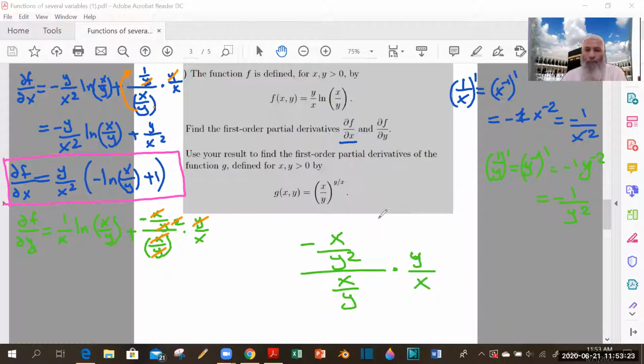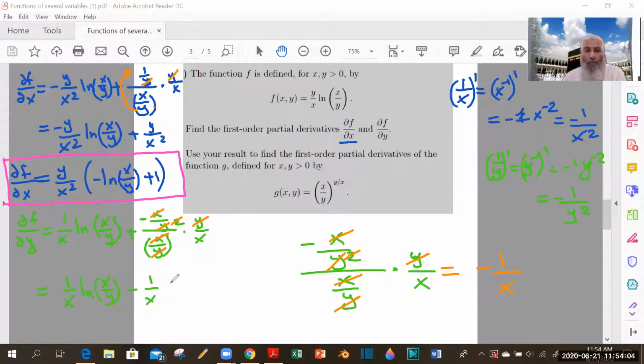So the result is negative 1 over x. So we have 1 over x ln x over y minus 1 over x.